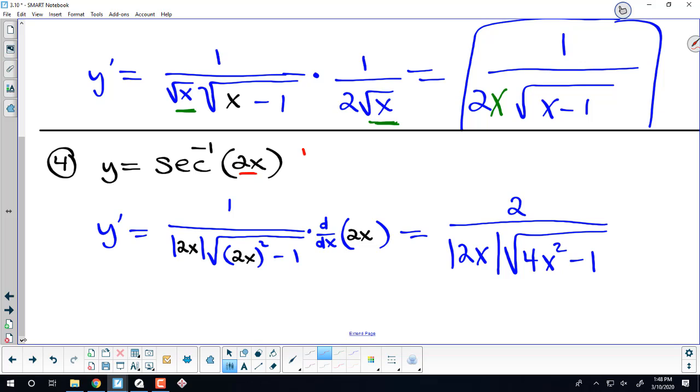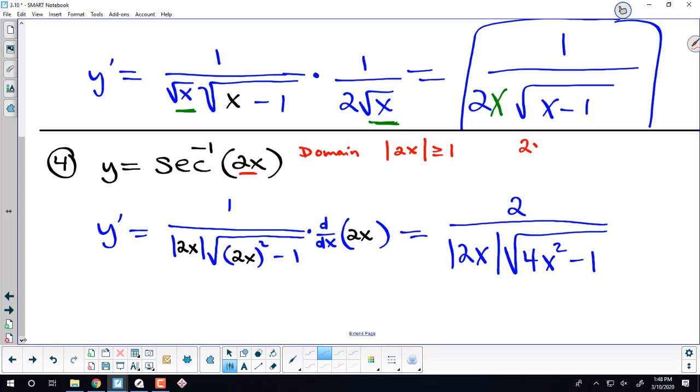So the domain of this whole function, the inverse secant of 2x, is that the absolute value of 2x has to be larger than or equal to 1, which means 2 things.